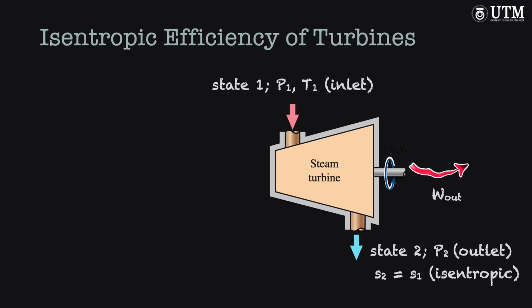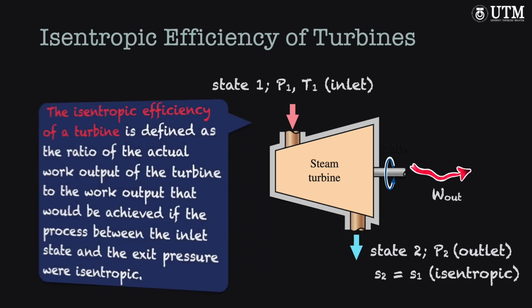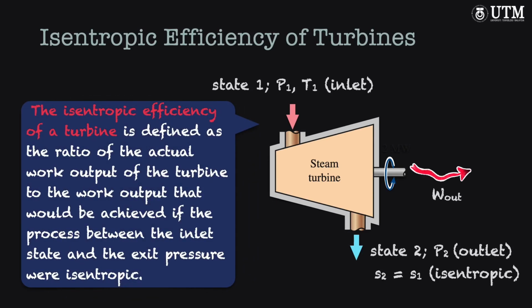The isentropic efficiency of a turbine is defined as the ratio of the actual work output of the turbine to the work output that would be achieved if the process between the inlet state and the exit pressure were isentropic.